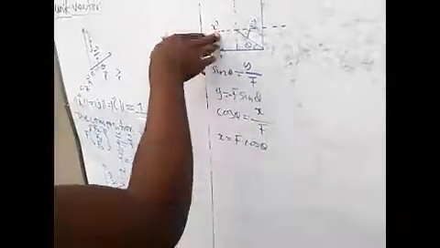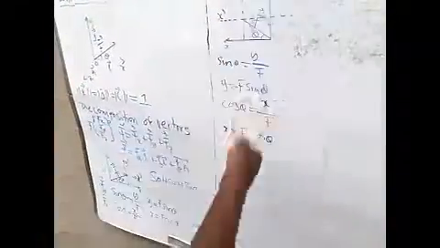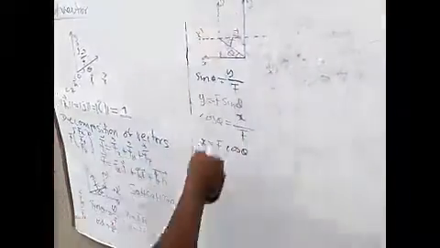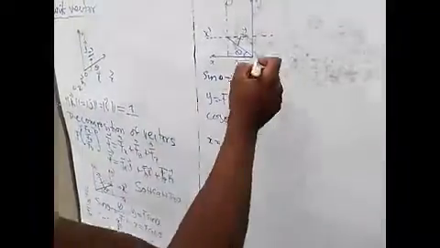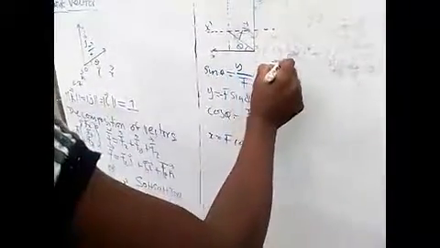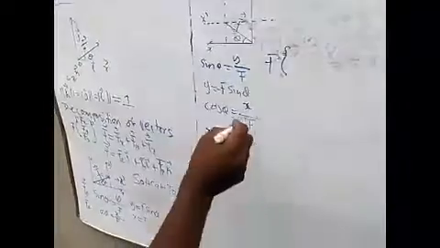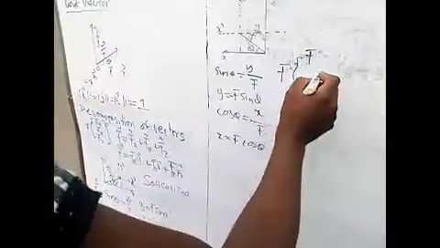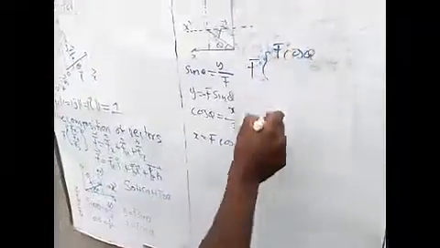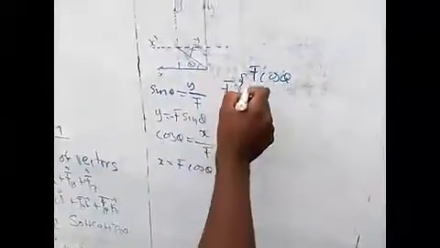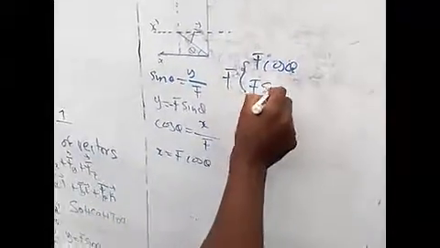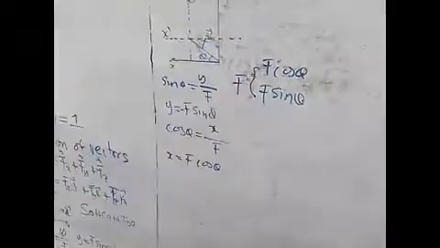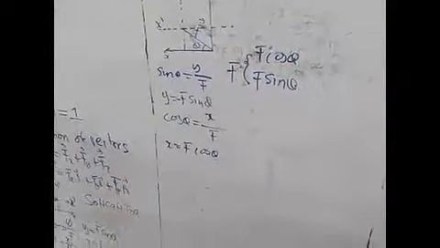When I take my x and strike it on the y-axis, it's going to strike it in the positive direction. So it is okay like that. So my force F will be F cos theta in the x-axis and F sine theta in the y-axis.